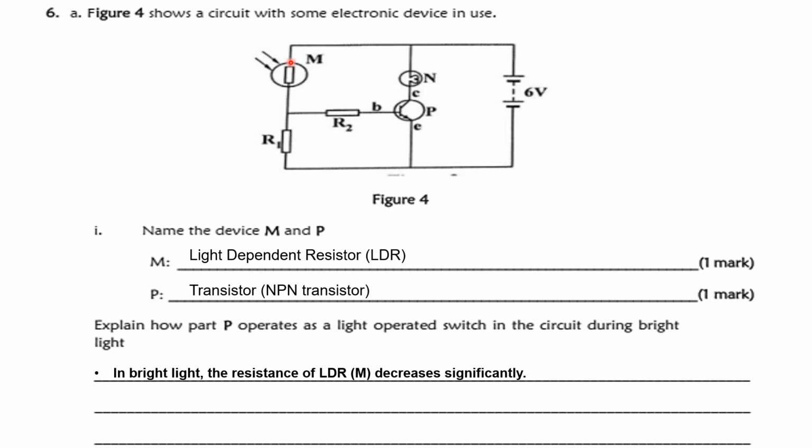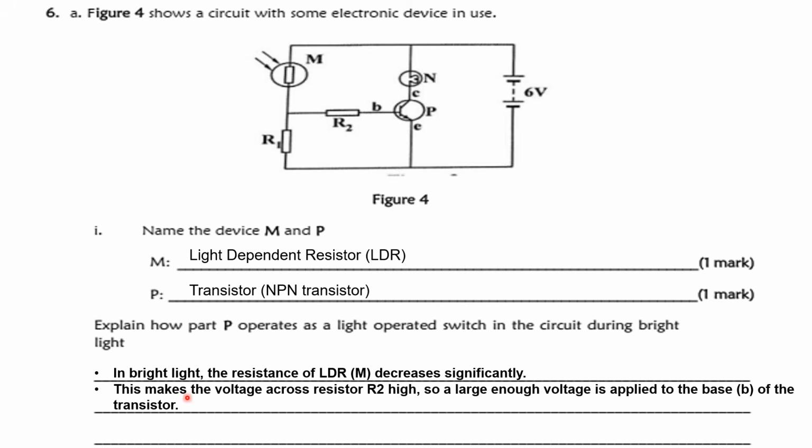When resistance is low, current is high. So on a bright day, resistance is going to decrease. This will make the voltage across resistor 2 high, so that a large enough voltage is applied to the base over here.